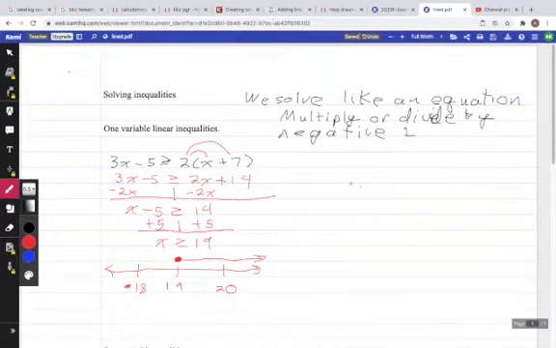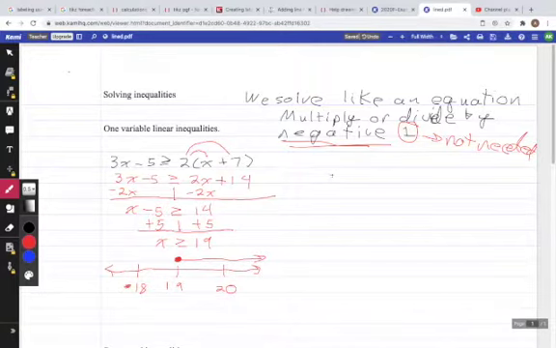Now, as we stated, if we multiply or divide by a negative, really, it doesn't just have to be -1, but hear me out for a second. When we multiply or divide both sides by a negative number, this is at least how we would finish solving, we have to do something like this.